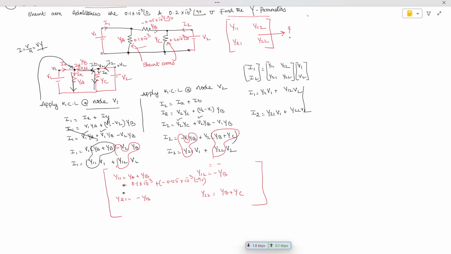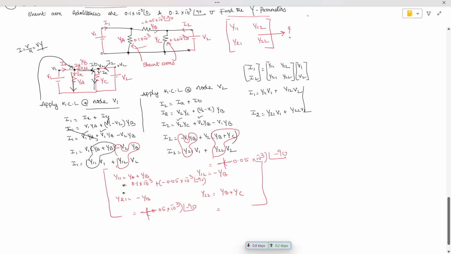So this is minus YB; the YB value is minus of minus 0.05 into 10 to the power minus 3 at an angle of minus 90, so minus into minus is plus.